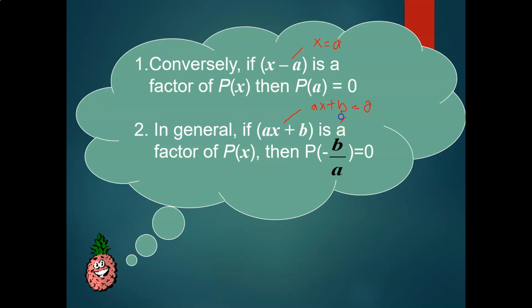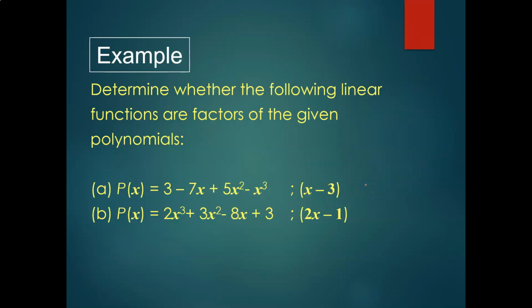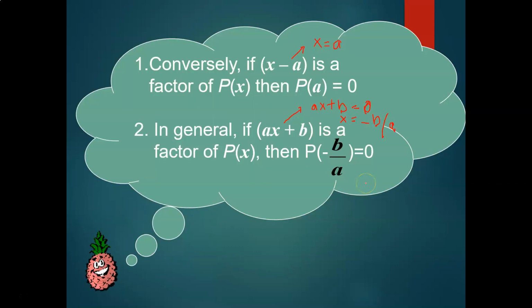So x must be equal to, this one is 0, sorry, negative b over a, like that. You susun dia semula macam tu. Susun dia semula.